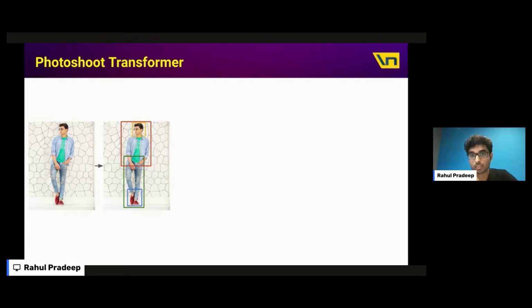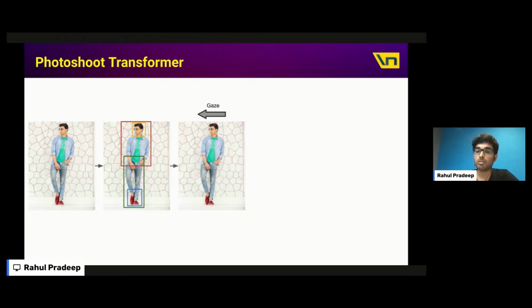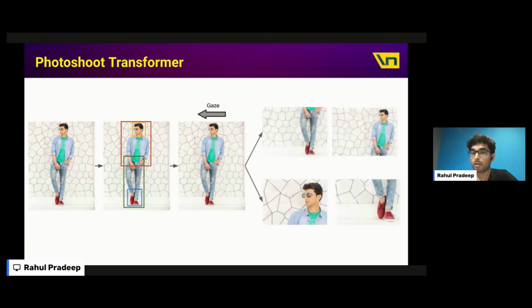To even create that space, we needed to figure out the gaze of the model, because when we talked to our design team, we figured that that is something they care about, the gaze of the model themselves, right? So we figure out the gaze of the model. Again, there is another model in play here, and then we crop around each of those detected clothing items and expand around that in the direction of the gaze, right?